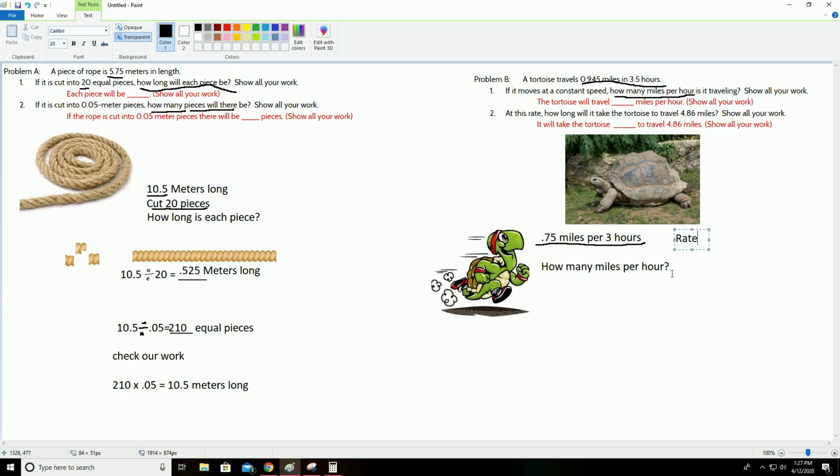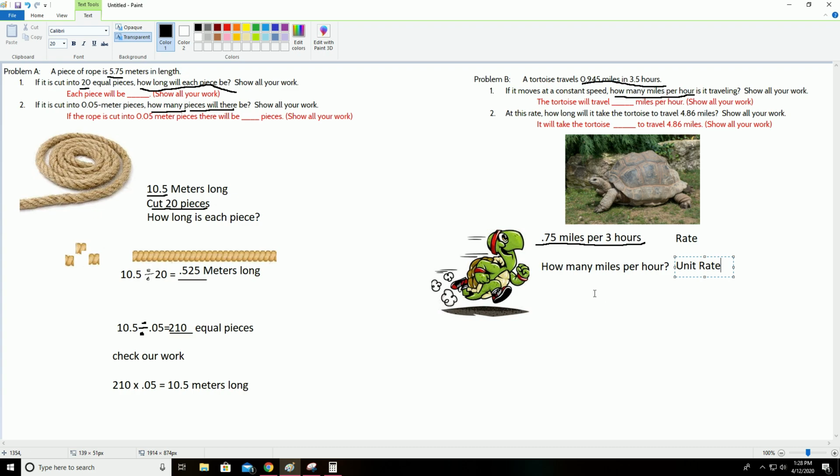If we want how many miles per hour, that's going to be the unit rate. So when we're looking for the unit rate, remember, we're looking for how often something occurs per 1. And the unit rate here is per 1 hour. This is 3 hours. That's why it's a rate. And this one is per 1 hour. That's why it's the unit rate. So that's why we're looking for the unit rate.